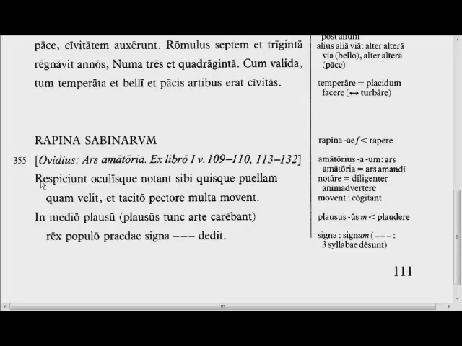So when you have "respiciunt oculis que notant sibi quisque puellam," you need to know how to mark your longs and shorts. A long syllable is a syllable that has a long mark, is a diphthong, or is followed by two consonants.